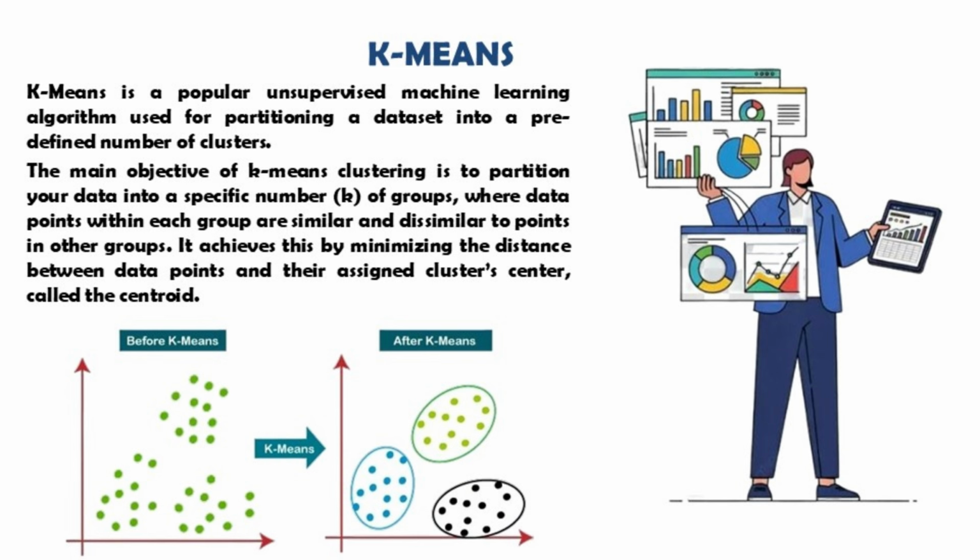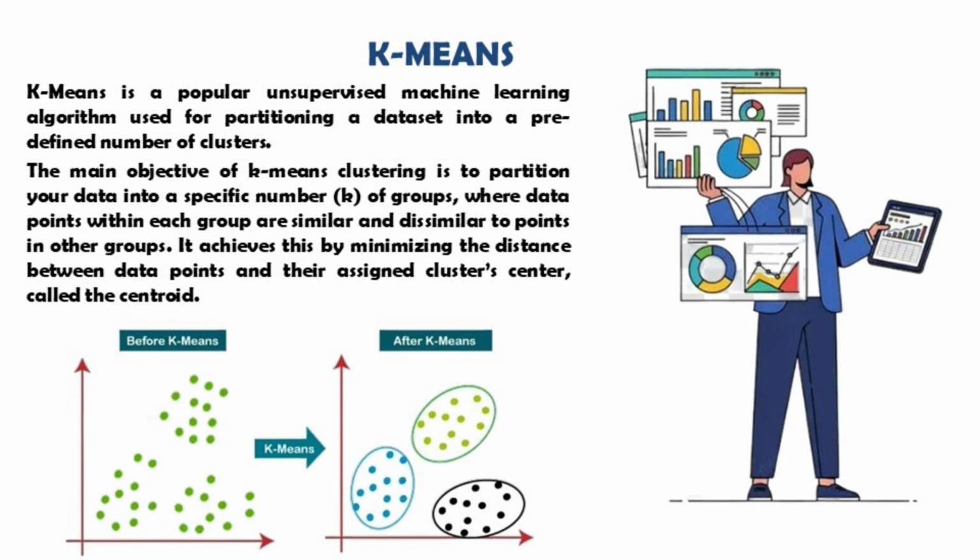The main objective of k-means clustering is to partition your data into a specific number, sometimes it's k or sometimes it's n, of groups, where data points within each group are similar and dissimilar to points in other groups. It achieves this by minimizing the distance between data points and their assigned cluster centers called the centroid.